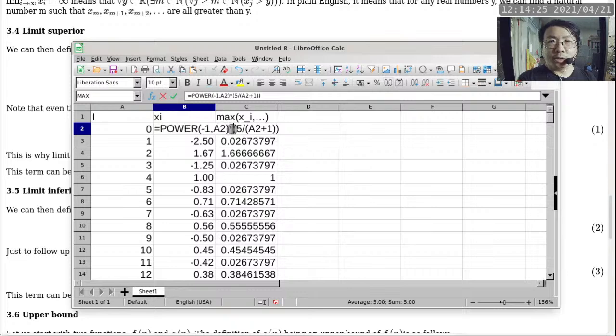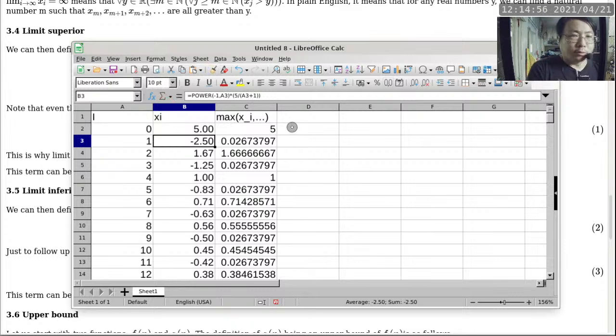And then the second portion controls the amplitude. So it's basically just 5 divided by 1 plus 0, 1, 2, 3, 4, and so on. So the amplitude is going to decrease as I increases. And then the sign just keeps flipping between 1 and -1. Is that okay? All right, cool.